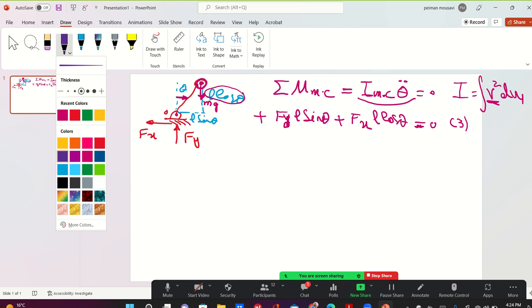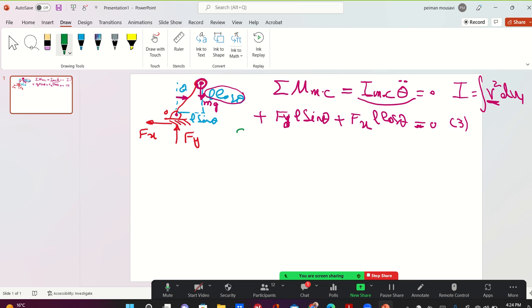Okay, previously we developed together today. Please read those terms for me. Fx was m, what was that? X double dot plus L theta double dot, what was that? Sine and cosine? Read for me. Guys, nobody wrote this in your notes?